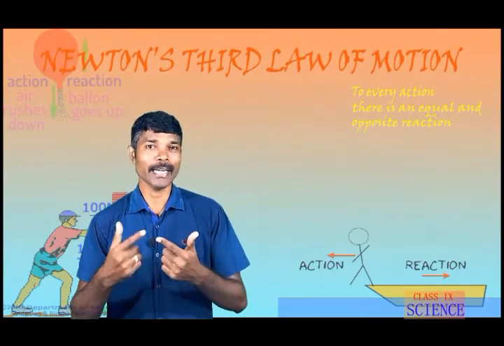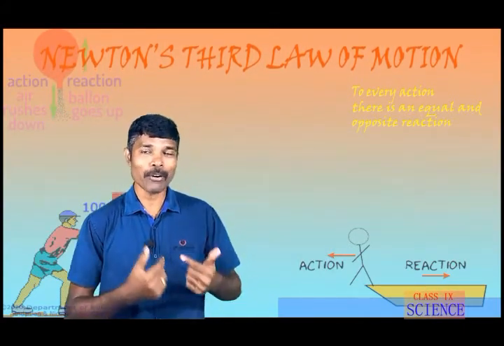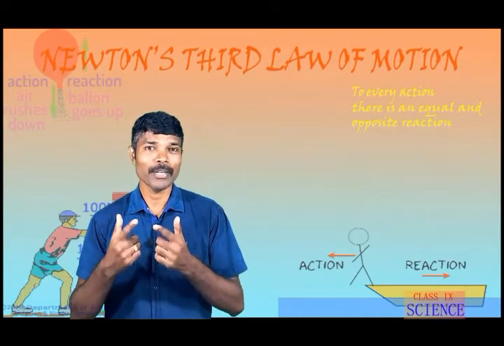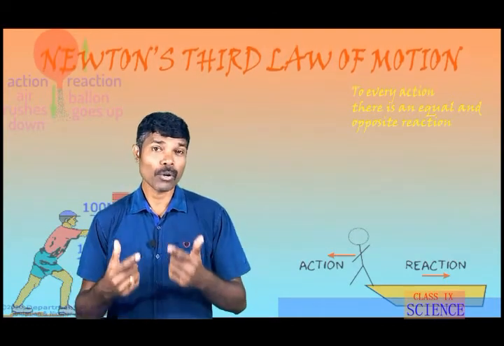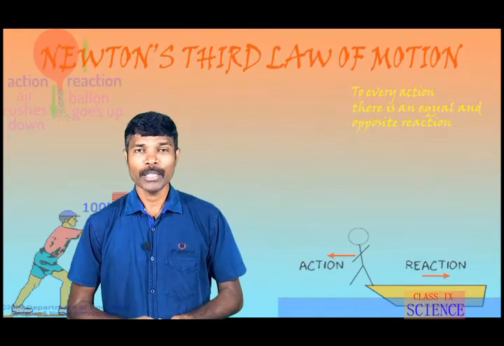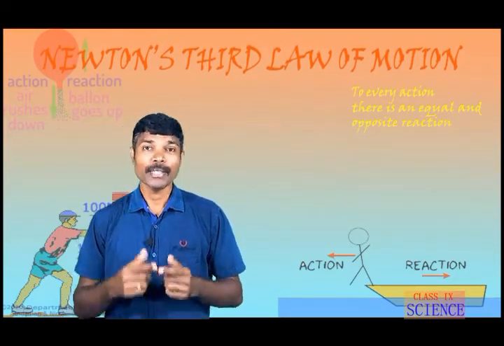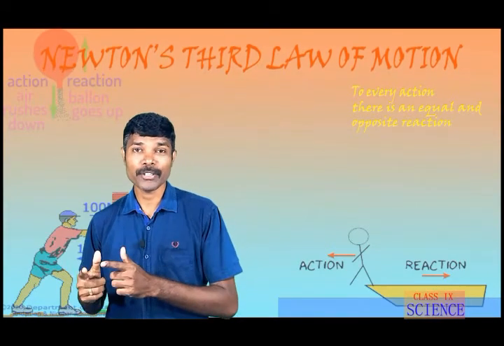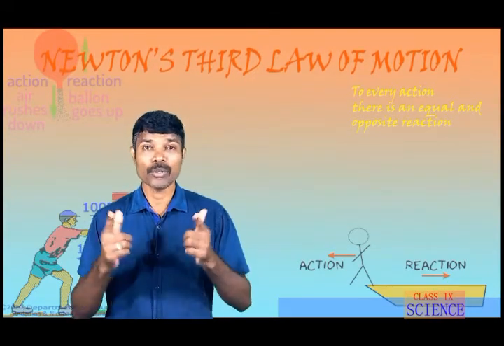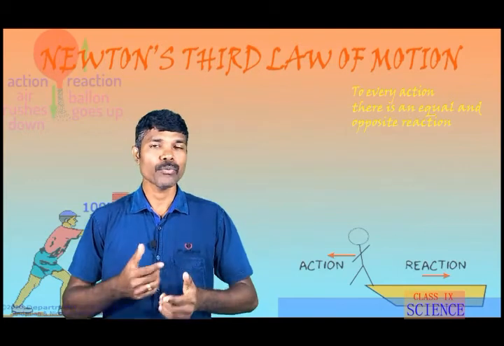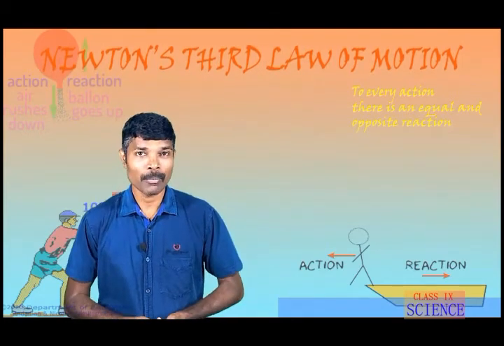In return, the second object exerts a force back onto the first object, which is called the reaction force. So, whenever we talk about Newton's third law of motion, there will always exist action and reaction force, held in opposite directions. This is what Newton's third law is all about.